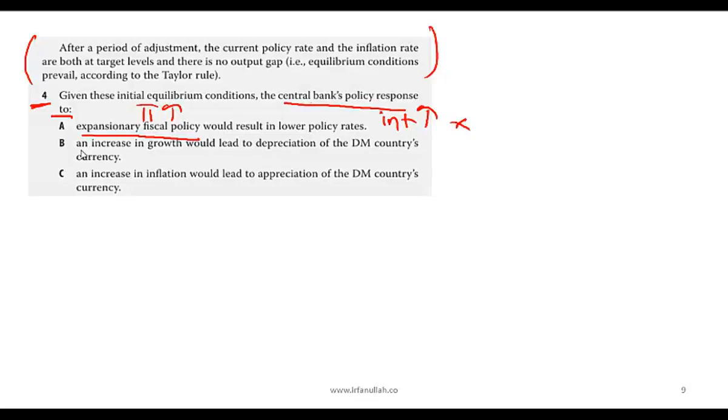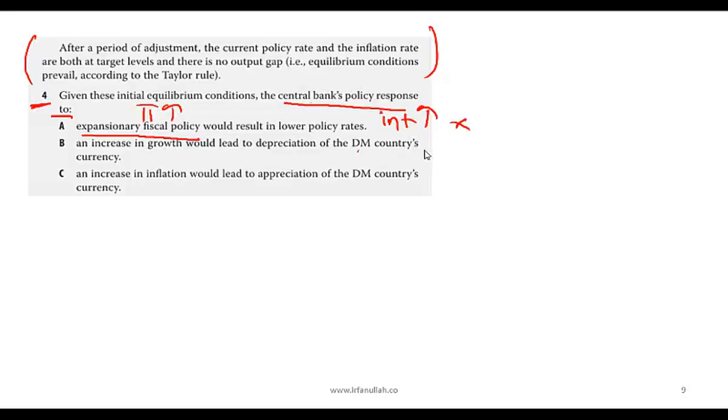An increase in growth. Now again, there is an increase in growth of the economy. How will the central bank respond? When there is an increase in growth, that means your output is probably high now relative to potential. When the output is high relative to potential, the central bank will try to pull back. And how does it pull back?